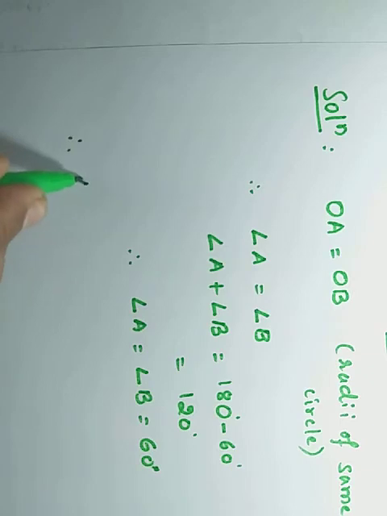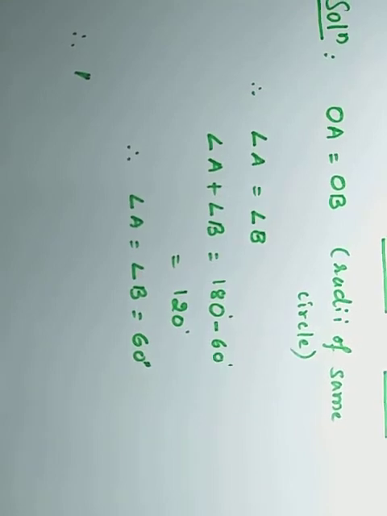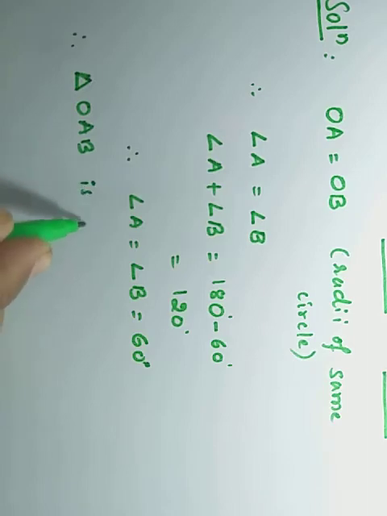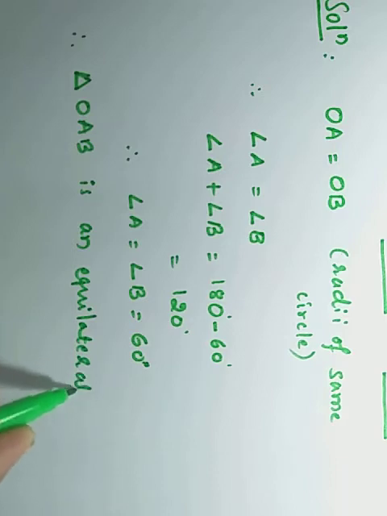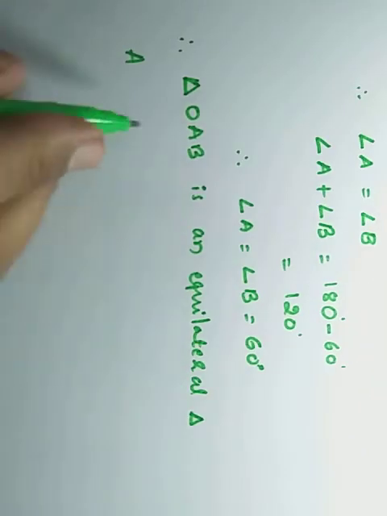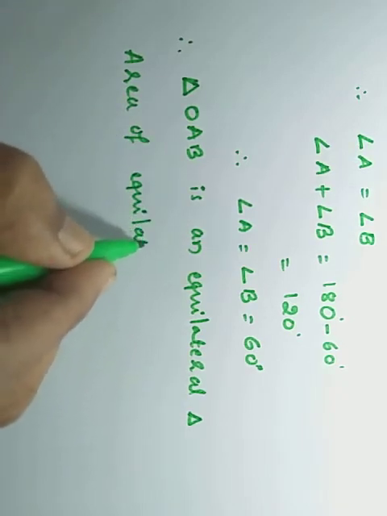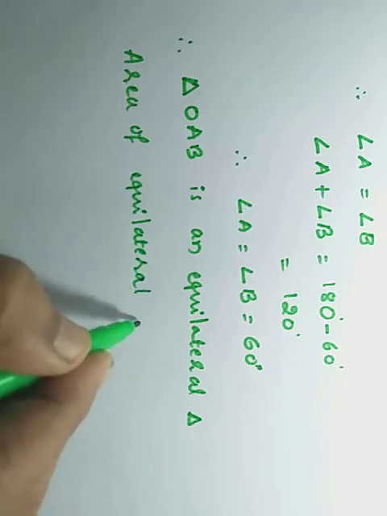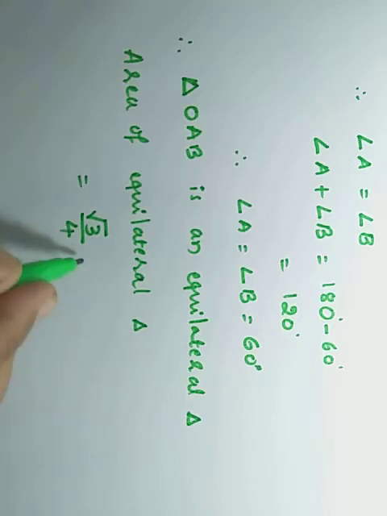Therefore, triangle OAB is an equilateral triangle. Now, the area of an equilateral triangle is equal to root 3 by 4 a square.